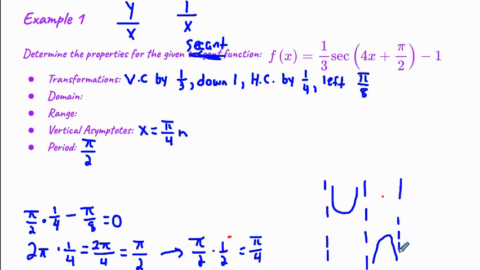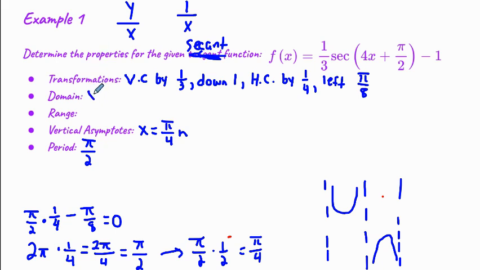After that we'll have a vertical asymptote. And from here to here is 1 pi, whereas the length of the whole thing is 2 pi. So we always have to remember the vertical asymptotes repeat half of what the period is. This is the one minor difference we have to worry about when doing secant versus tangent functions.